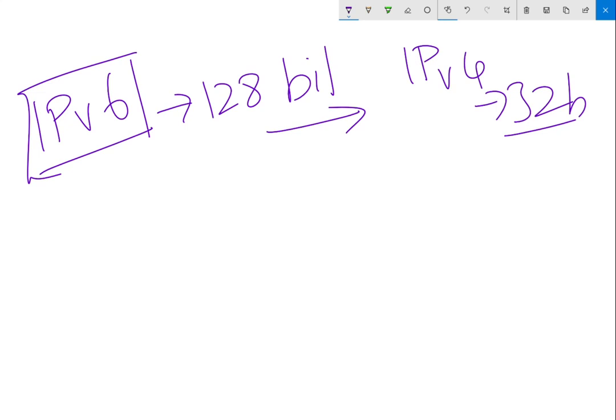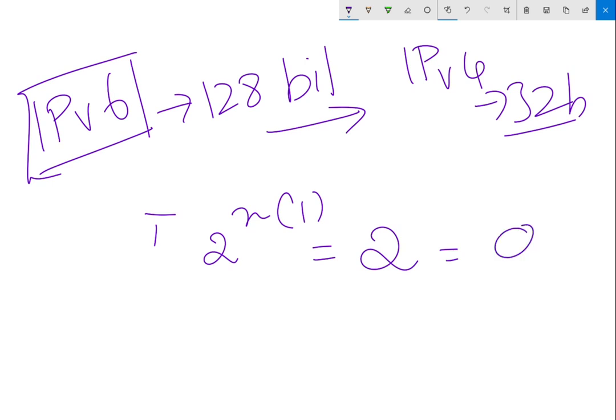If you use 1 bit, it is binary, so it is base 2. 2 to the power 1 is 2, which means I may get either a 0 or a 1, so I get 2 outputs.